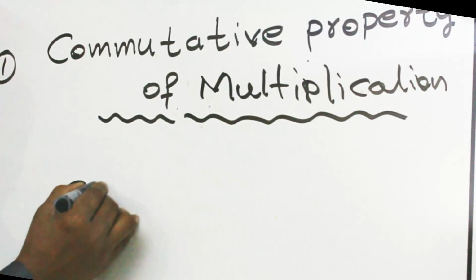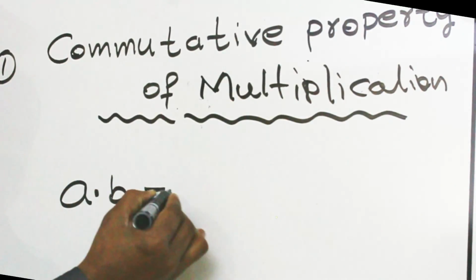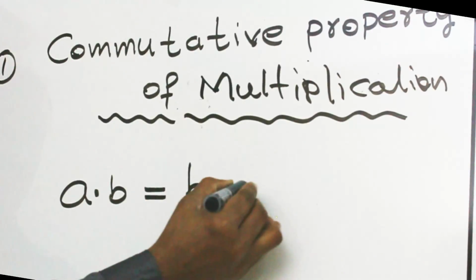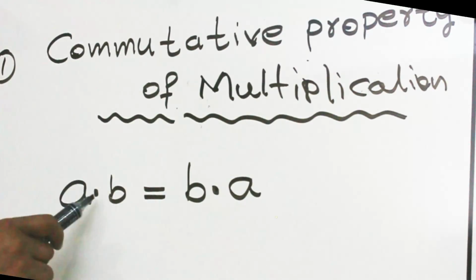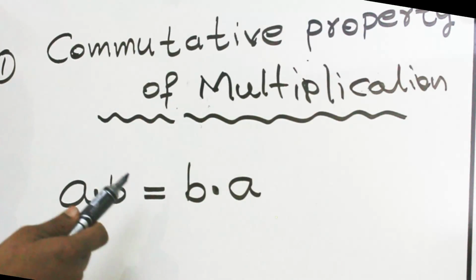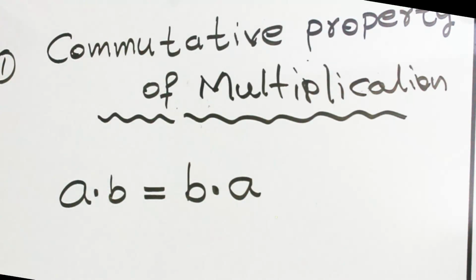A multiplied by B equals B multiplied by A. If you have two numbers and you are multiplying them, A multiplied by B equals B multiplied by A. The order is not at all important here. We will just check with an example.